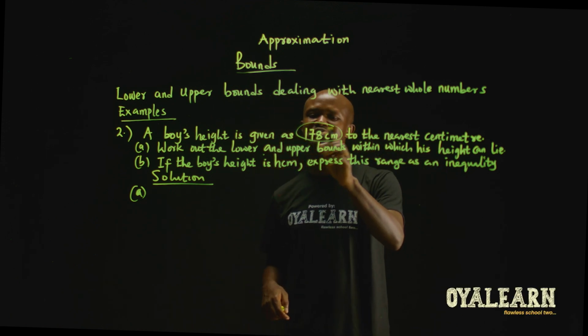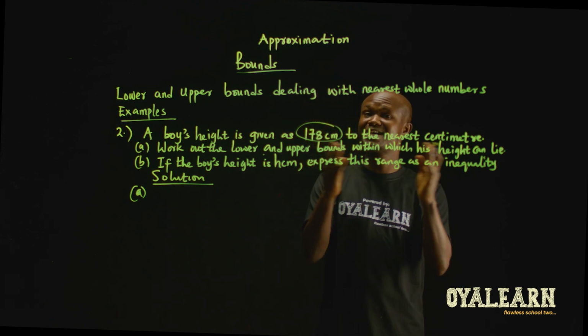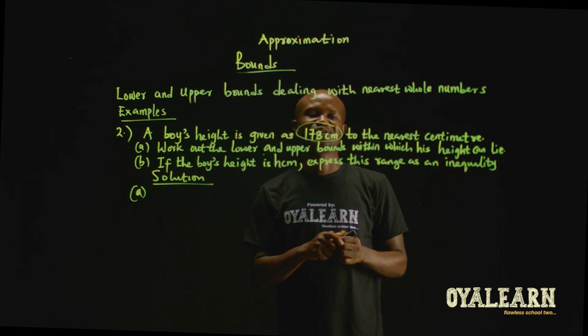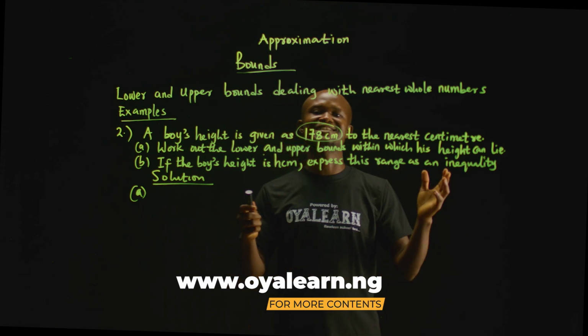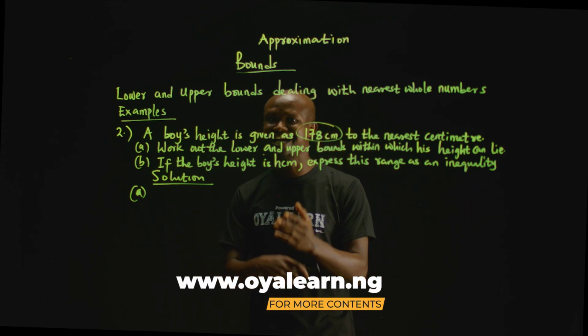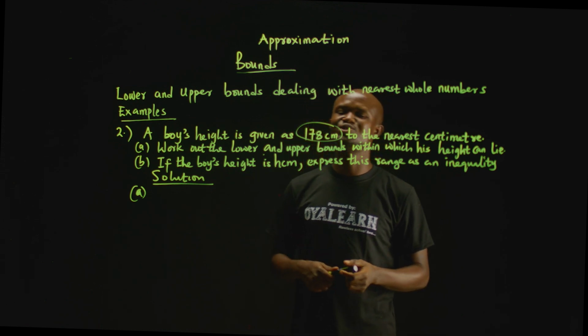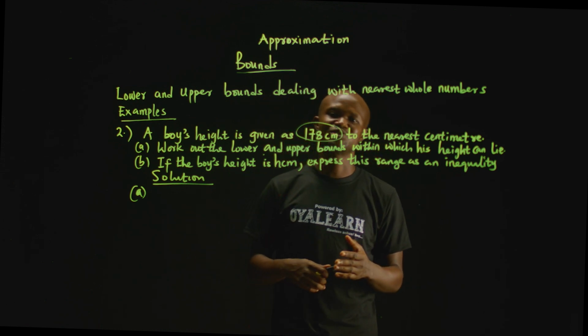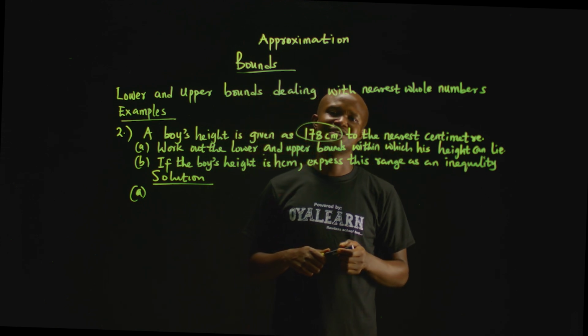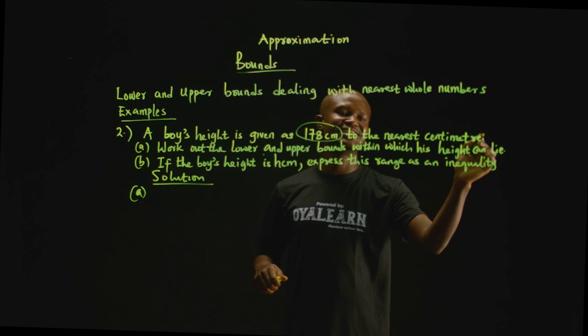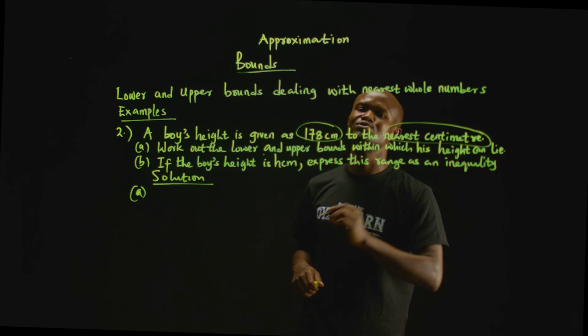Let's forget the unit. If you want to approximate any number to the nearest centimeter, nearest meter, nearest kg, it means that you express that number to the nearest whole number, then add the given unit.